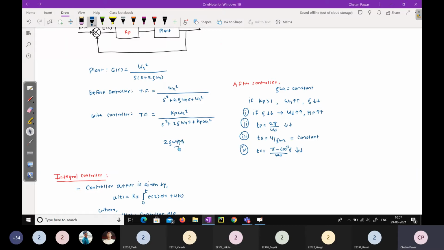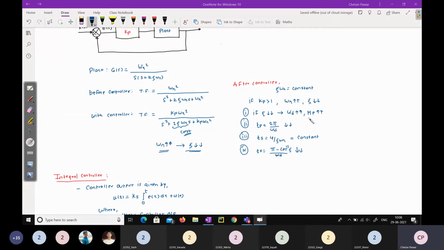Omega n is increased, and this particular factor is constant. There is no change in this. So if omega n is increased, to keep this factor constant, zeta will decrease.